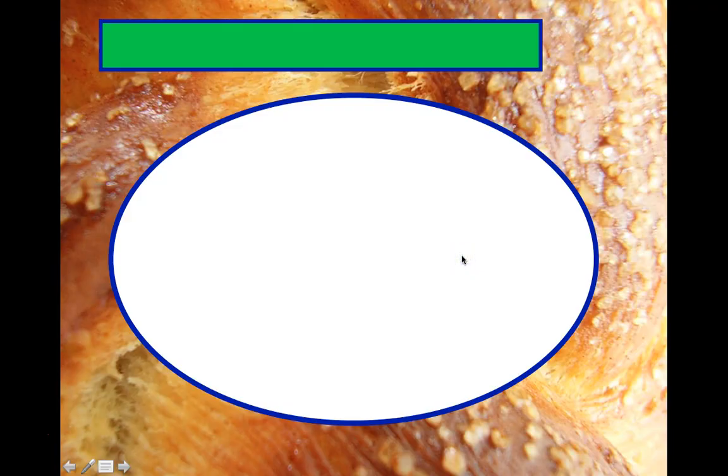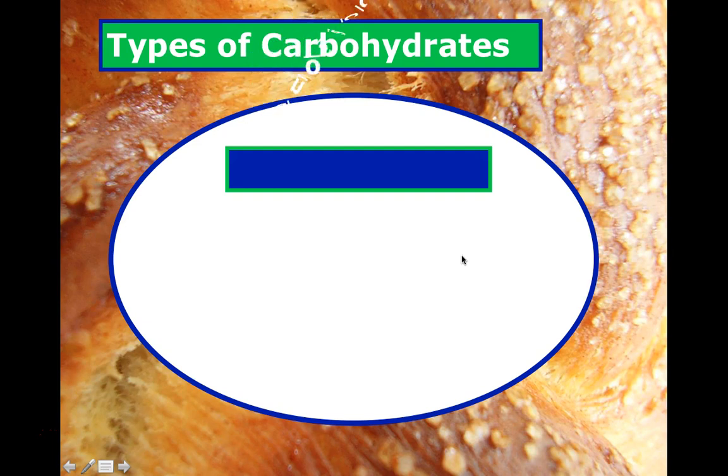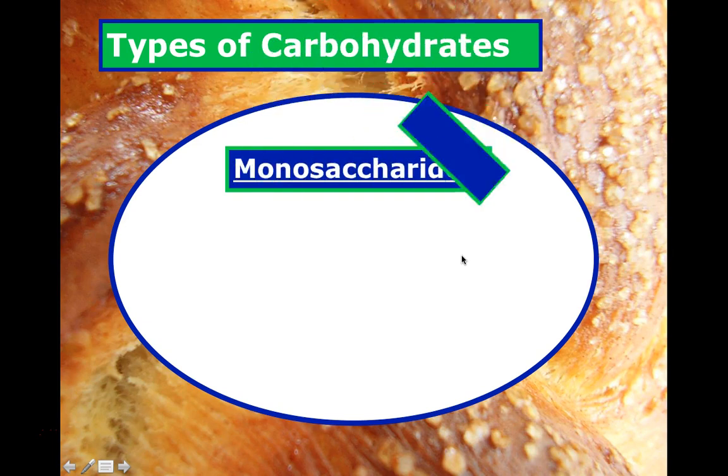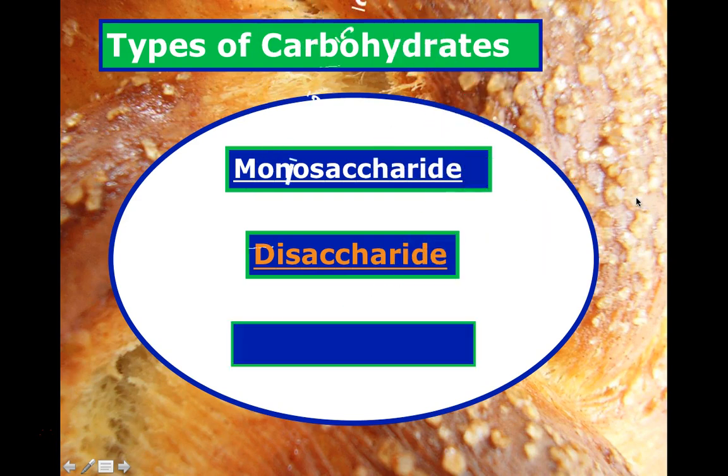There are 3 types of carbohydrates that we're going to be discussing. The first one is monosaccharides, the second is disaccharides, and the third is polysaccharides. Now, the word saccharide means sugar. The prefixes mean how many molecules of that sugar are being put together. So mono means 1.